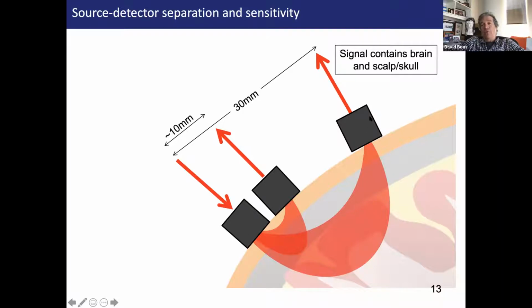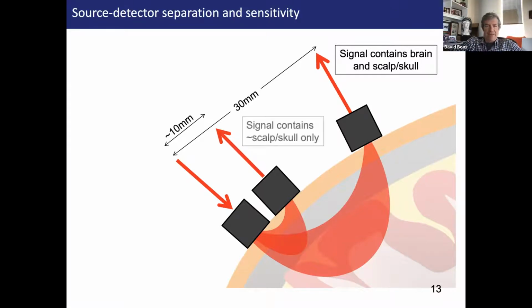And then it's like 1.2 nanoseconds to get to 30 millimeters. But for most measurements, that doesn't matter because we're just measuring the amplitude of light, and this time scale is so fast. Right, we're not sensitive to that for most fNIRS measurements. For a time domain fNIRS measurement, that's a different story, as we discussed on the first day.